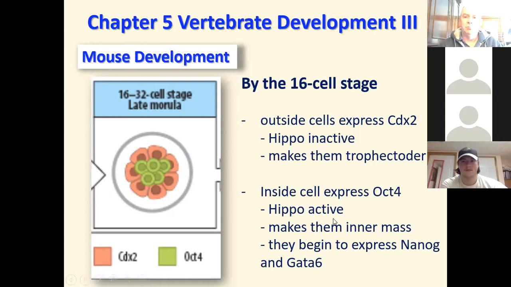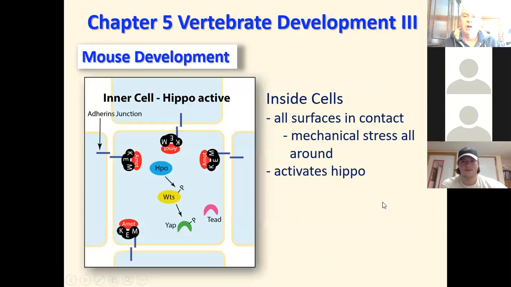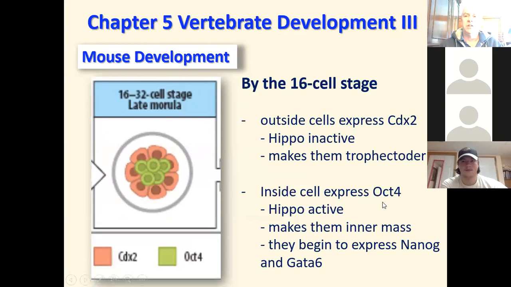So that represses CDX2, OCT4 comes up, further repressing CDX2, and before you know it, lo and behold, all you've got is OCT4 being expressed. On the outside cells, Hippo is inactive, so YAP binds to TEAD4, and that increases transcription of CDX2, which inhibits OCT4, and you get only CDX2.